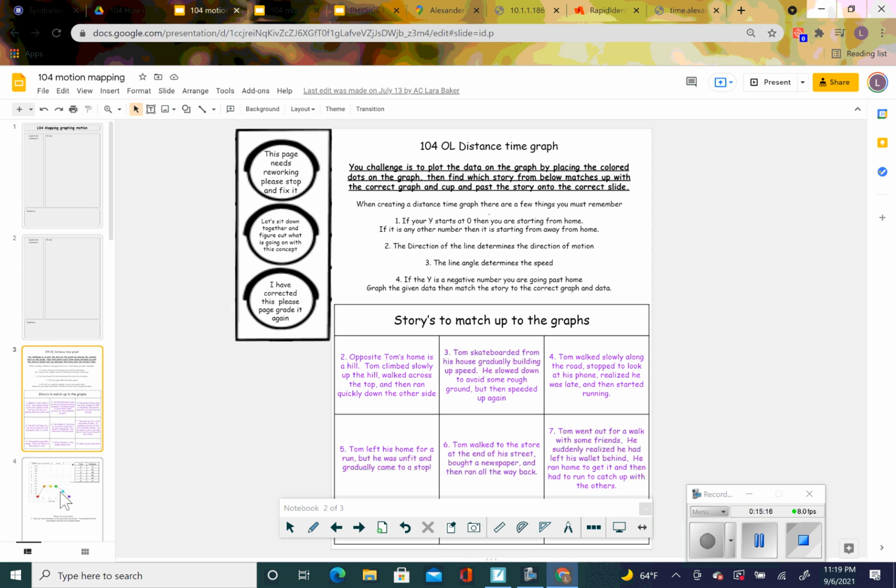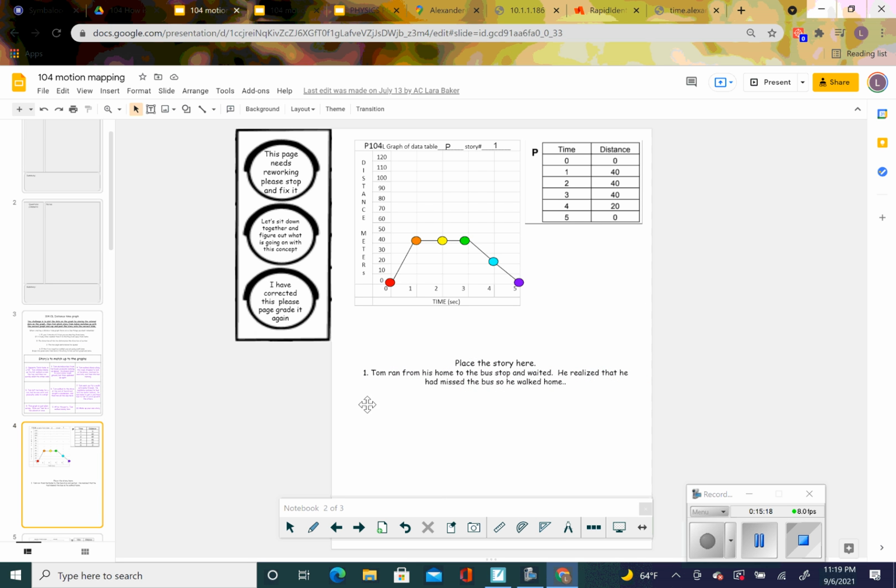Okay, so the first thing you're going to do is you are going to graph this data. Now, I've done the first graph for you. At 0, time is x, distance is y. So you are going to grab the little balls, and you are going to graph them, okay?